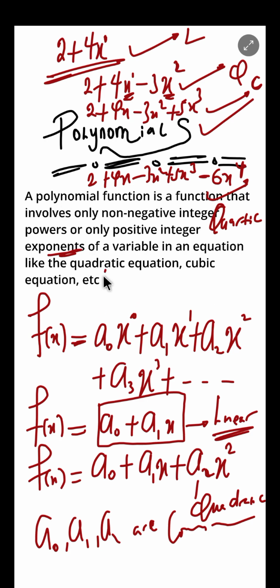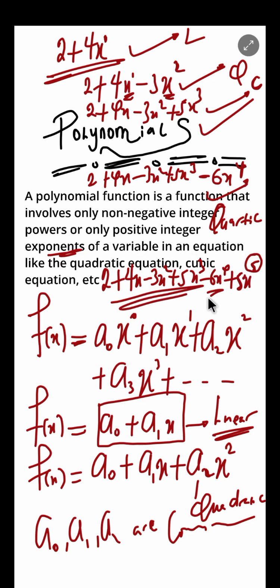But what if you have an expression in this form, 3x squared plus 5x cubed minus 6x to the power of 4, and let's say you now have plus 5x to the power of 5. The highest degree on this variable is 5. Hence, in this case, whenever there is an equal to sign, we say this is a quintic equation.